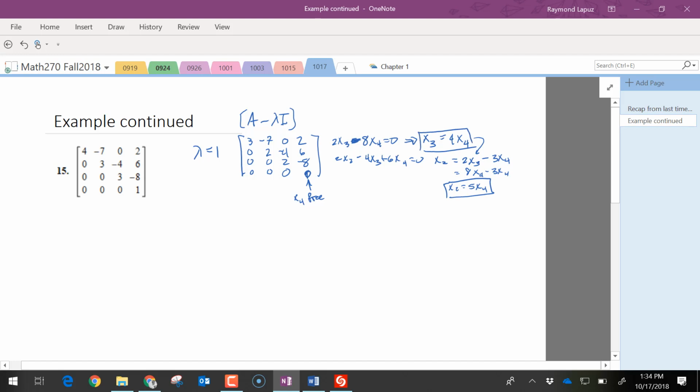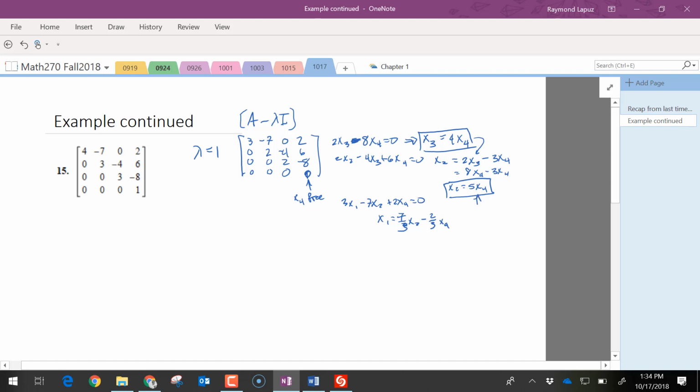And then the last one, we get 3x1 minus 7x2, 0x3 plus 2x4 is equal to 0. We'll bring everything over and divide by 3. We get x1 is equal to 7/3 x2 minus 2/3 x4, and then x2 is equal to 5x4.